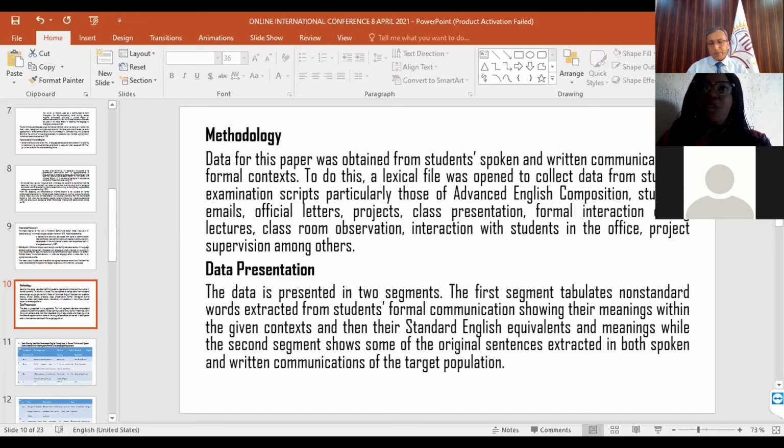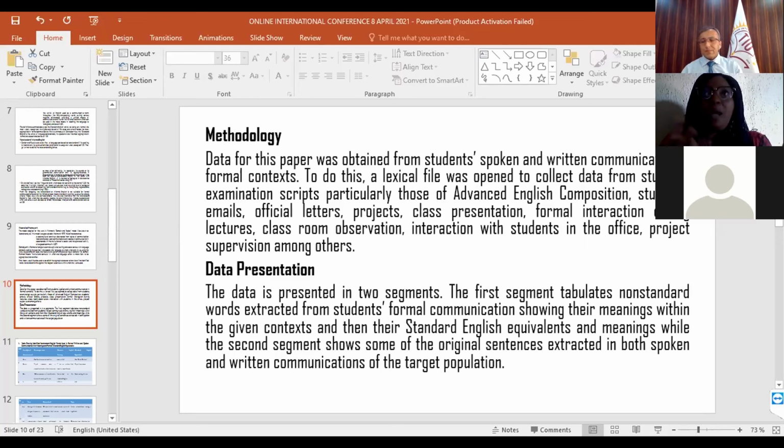So the data, like I said, was collected from students' spoken communication based on official interactions with them, like some come in with one complaint or the other about missing an exam, and all of that. Then student scripts, students' answers to exam questions, particularly the advanced English composition, also provided data for this study.